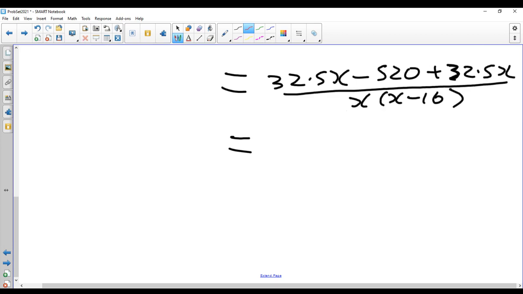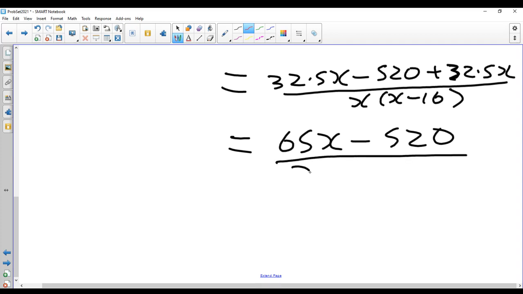So if we put our like terms together, that would be 65x minus 520 over x into x minus 16. I'm not going to expand that denominator at all. I'm going to leave it as it is.